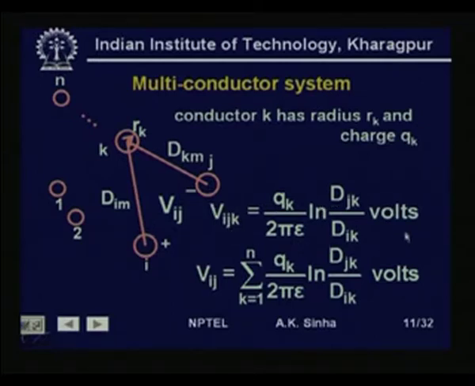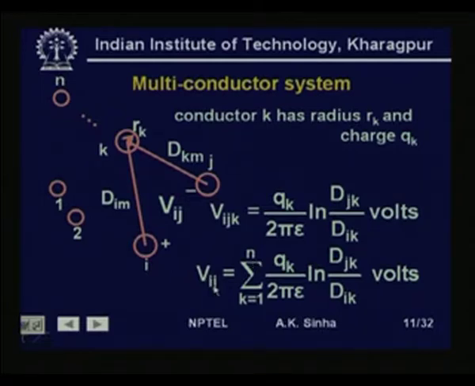Now, if we want to find out the voltage difference due to charge from all the conductors in this system, then we need to use the superposition theorem, that is, add the voltages due to the charge from each of these conductors.